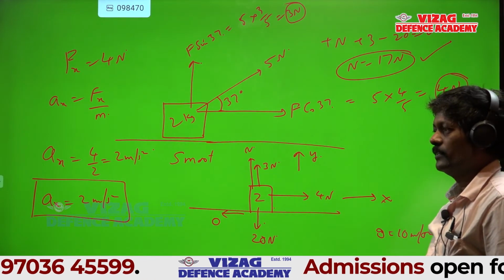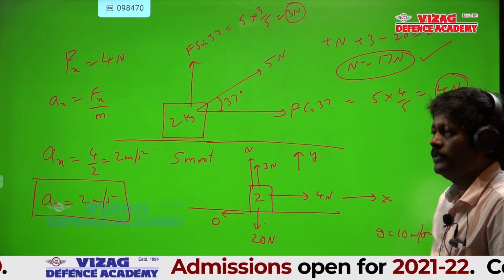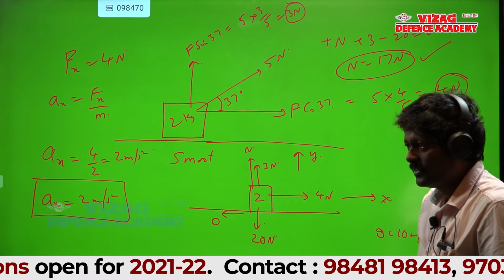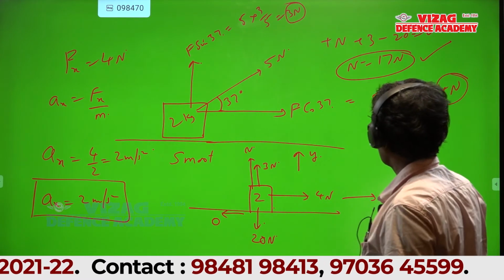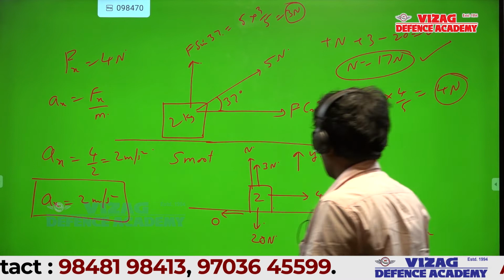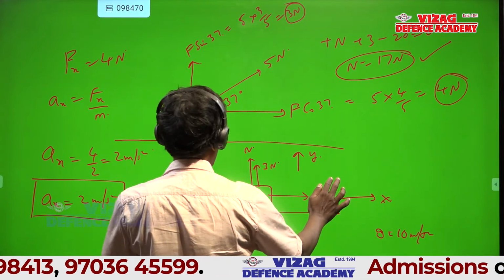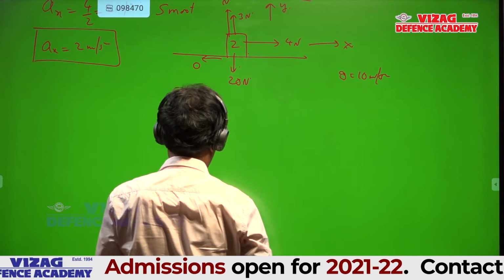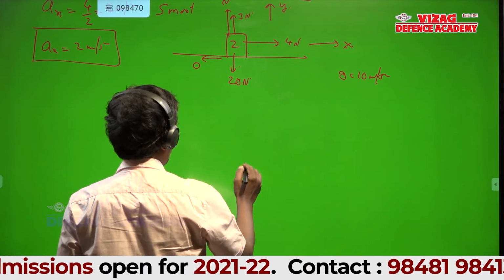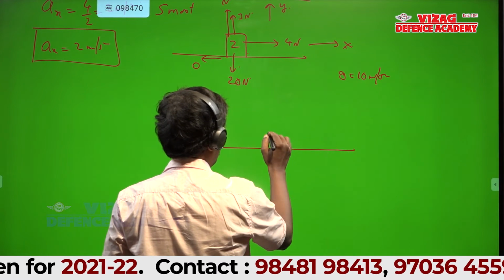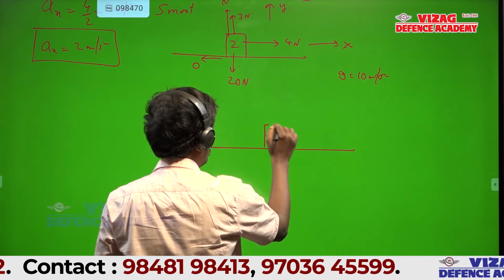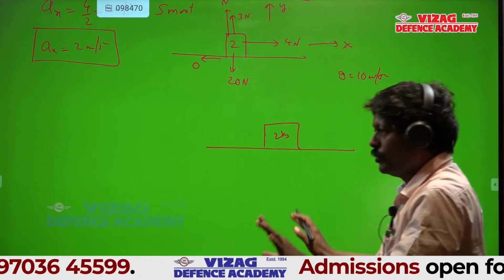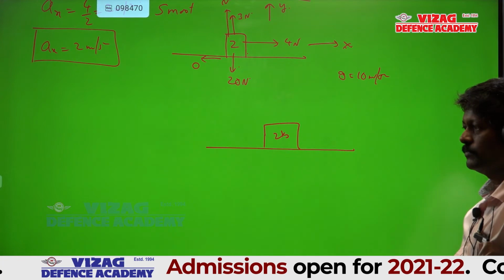Again I am repeating. Weighing machines record normal reaction only. Suppose this is 2 kg, and no force is applied.